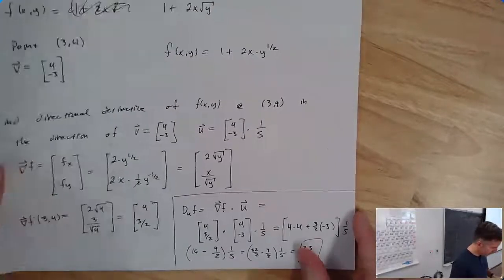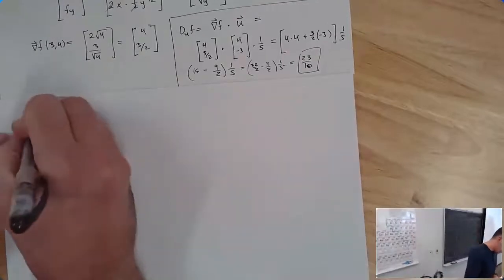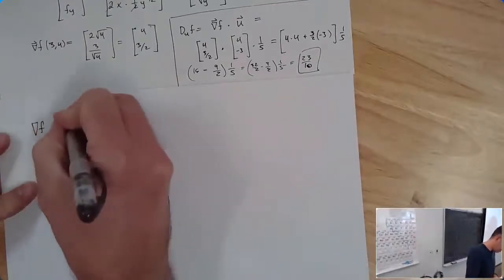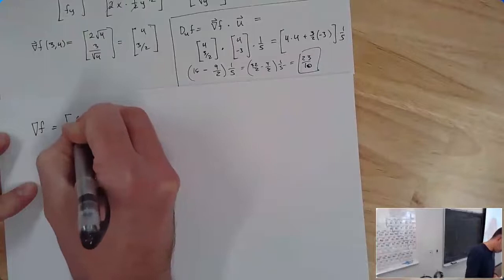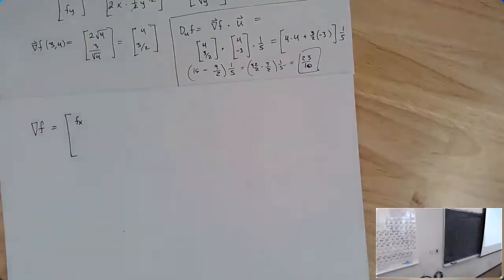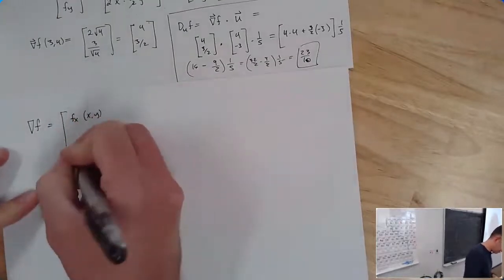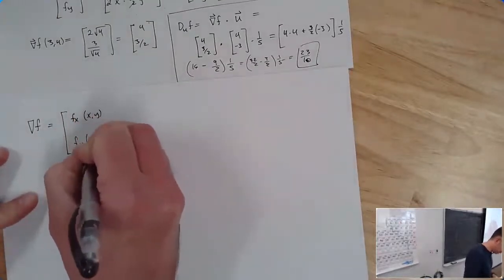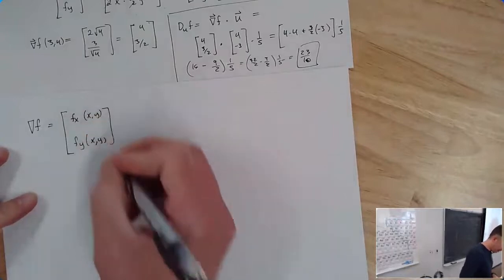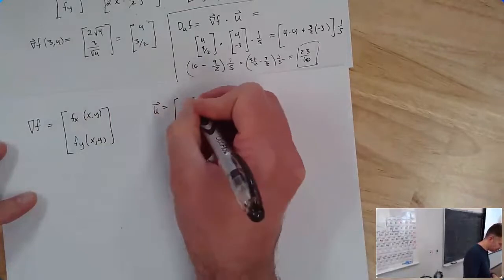Very generally, the gradient is the partial of x at the given point (x, y), and your partial is the partial of y at the given point (x, y), and your unit vector u is maybe written as (a, b).